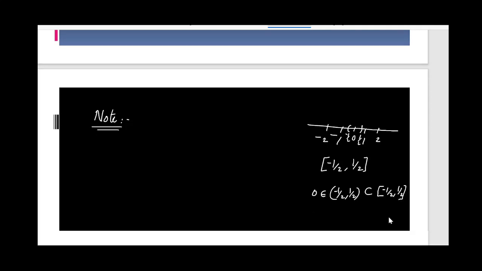So what about the closed interval minus 1 by 2 comma 1 by 2? Then definitely 0 belongs to the open interval minus 1 by 2, 1 by 2, which is open, right? And this is contained in the closed interval minus 1 by 2 comma 1 by 2, right?